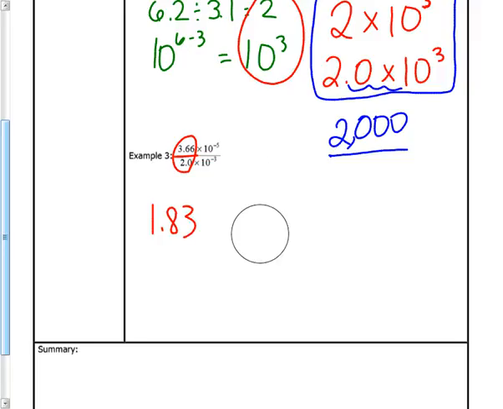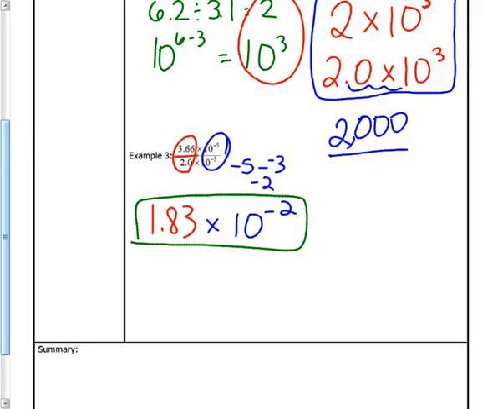If I take these exponents and I subtract them, -5 minus -3, that's going to give me a -2. So this would be times 10 to the -2 power. And I can leave my answer like this because if you notice, this decimal is in the right spot. It's not after the second number. It is between the first two numbers we see here. So this is good.